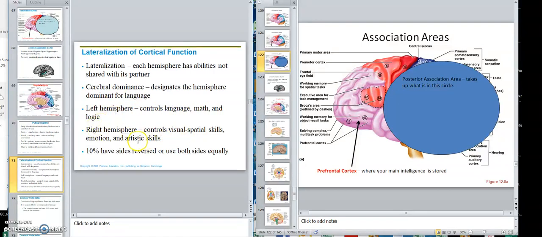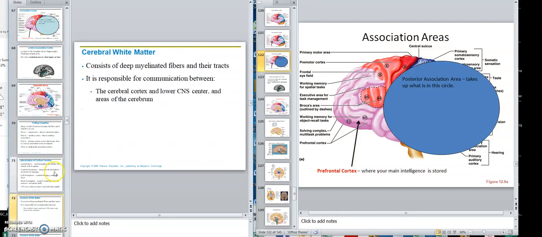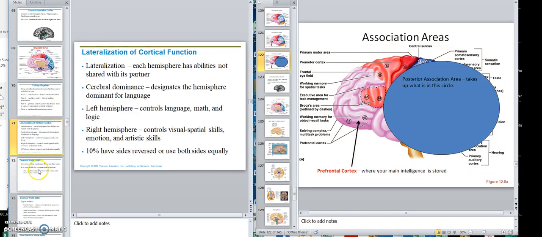The right controls being able to draw, sing, and things of this nature, more artistic. And then 10% have them reversed. Now the lucky person is kind of co-dominant on both sides. That's the one that can do a lot of stuff. Nothing's in stone with this brain. Okay, so we go further.